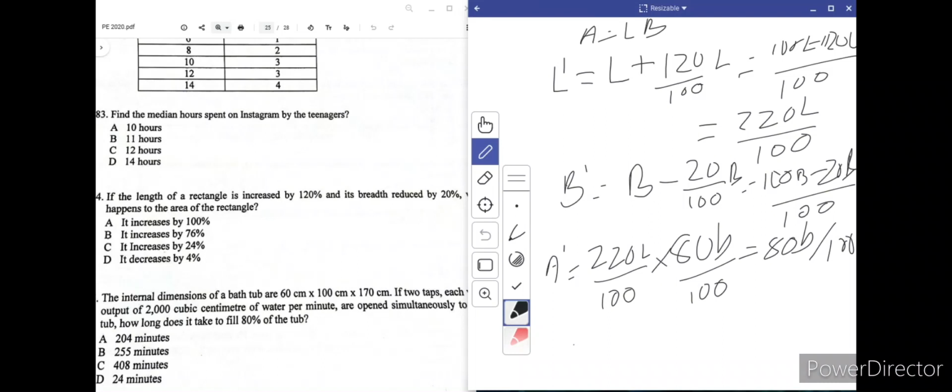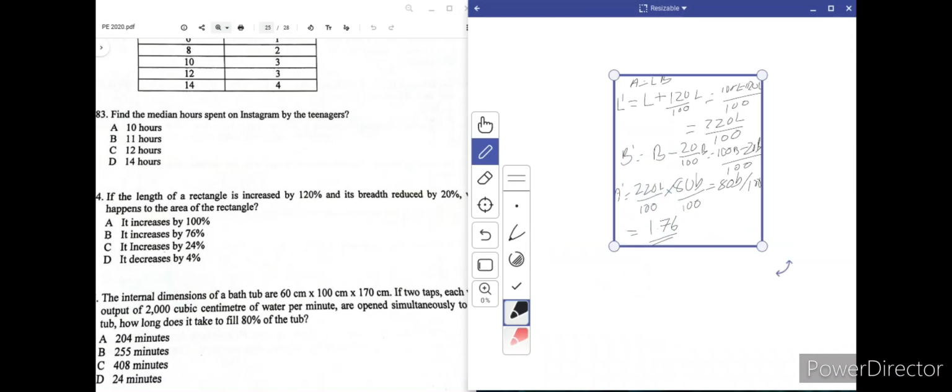So this will give us 220 into 80 divided by 10,000, 220 into 80 divided by 100 into 100. So this will give us 1.76. This is the new area. Now our old area is 1 and our new area is 1.76.